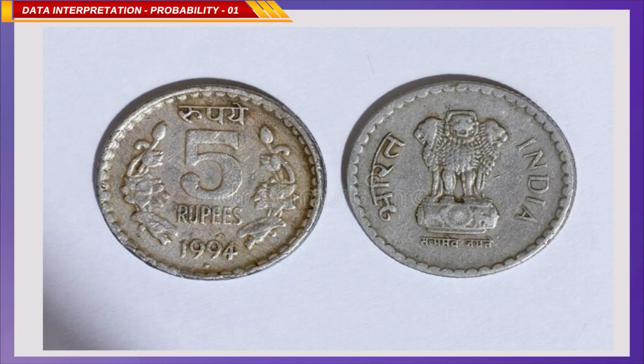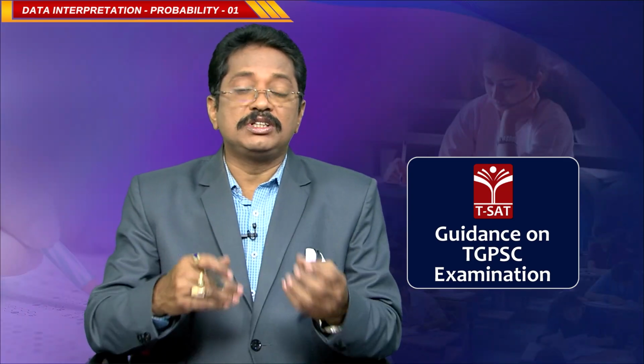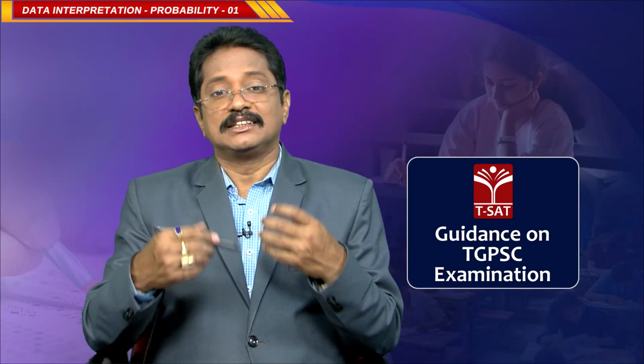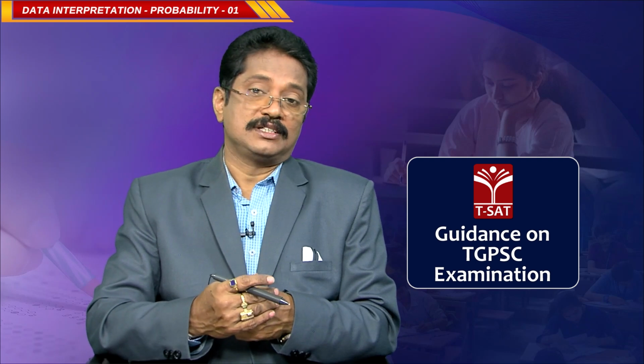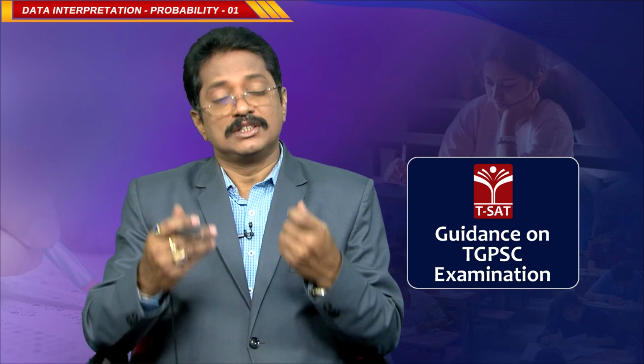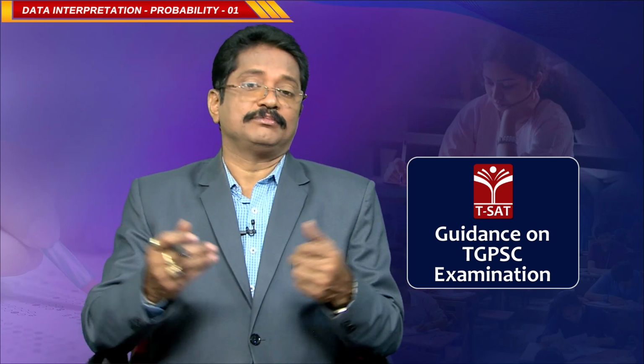A coin has 2 sides, one is head and the second one is tail. When a coin is tossed, you will get either head or tail. So these are the total outcomes: head and tail, clear.